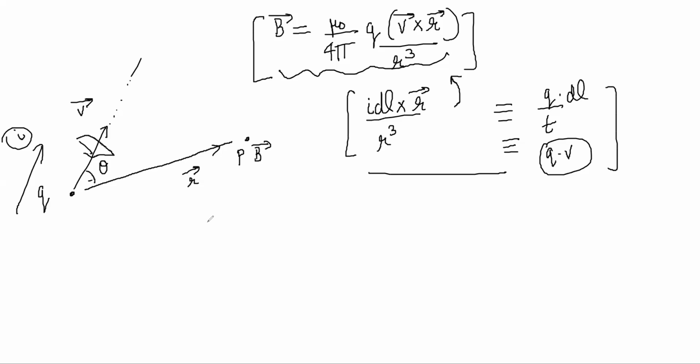Let's do the magnetic induction due to a long straight current carrying conductor. There's a long straight current carrying conductor. This is O, this is current I, and we need the magnetic field at a point P, and we are going to draw tiny units.